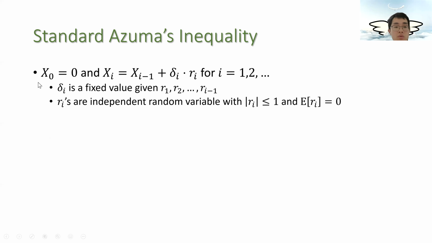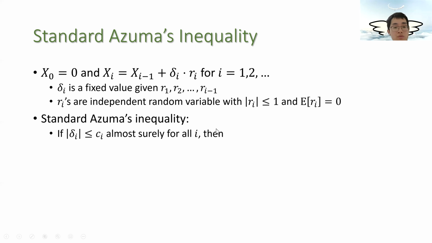So here is our martingale. We start from X0 being 0, and Xi equals Xi minus 1 plus delta i times Ri, where delta i times Ri is a smooth step i. Here delta i is a magnitude, which is a fixed value given previous random choices. And each Ri is an independent random variable with mean 0 and bounded magnitude.